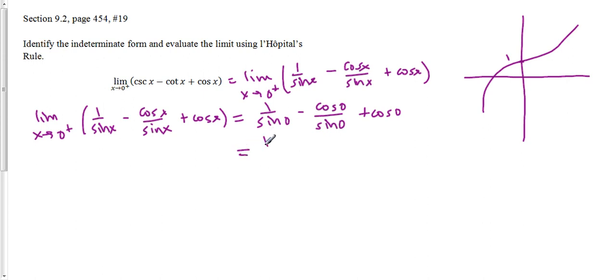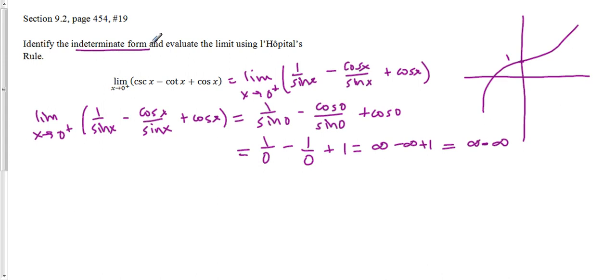And that's going to be 1 over 0, because we all know that that's what the sine of 0 is, minus 1 over 0 plus 1. And that's basically going to give us infinity minus infinity plus 1. And that plus 1 isn't really going to matter. So what I've really got is infinity minus infinity. And that's my indeterminate form.